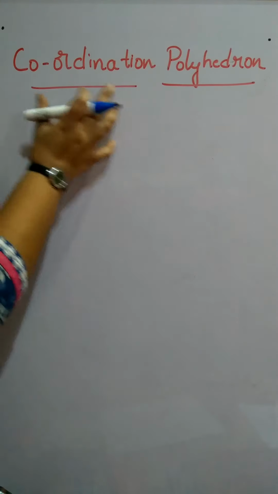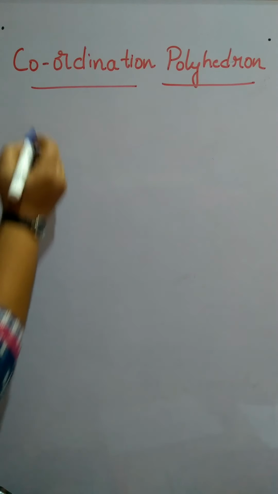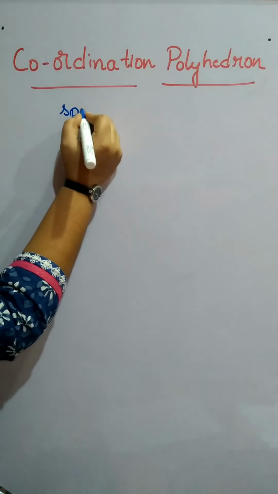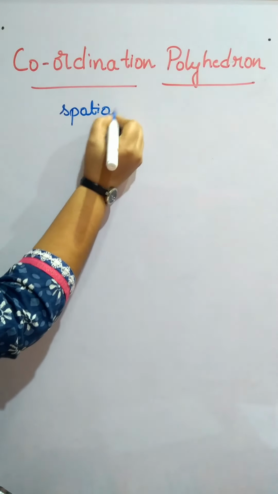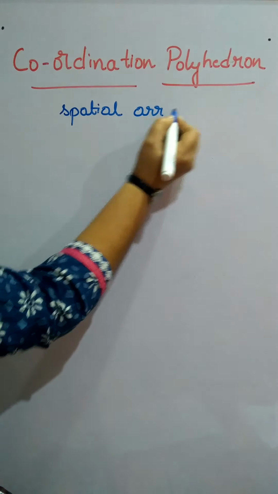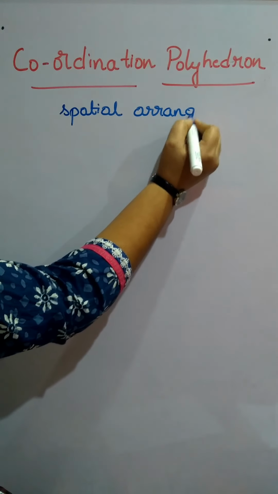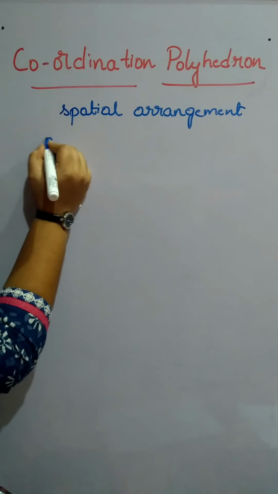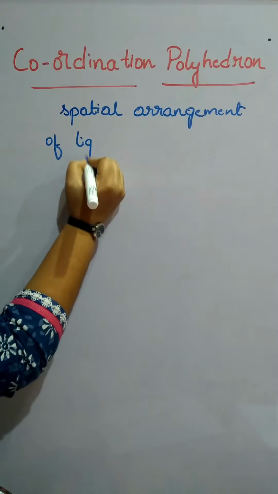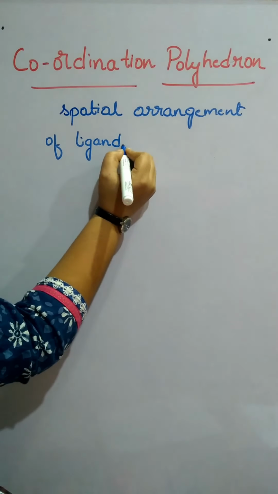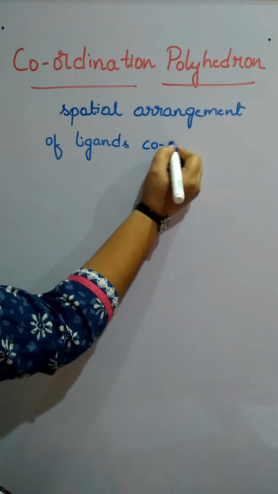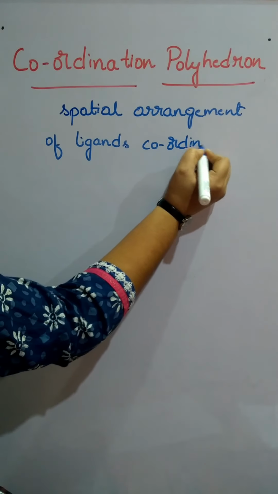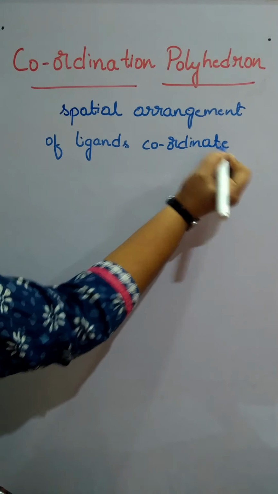Next one, coordination polyhedron. Coordination polyhedron is nothing but the three-dimensional arrangement, that is, a spatial arrangement of ligands coordinated to the central metal atom or ion.